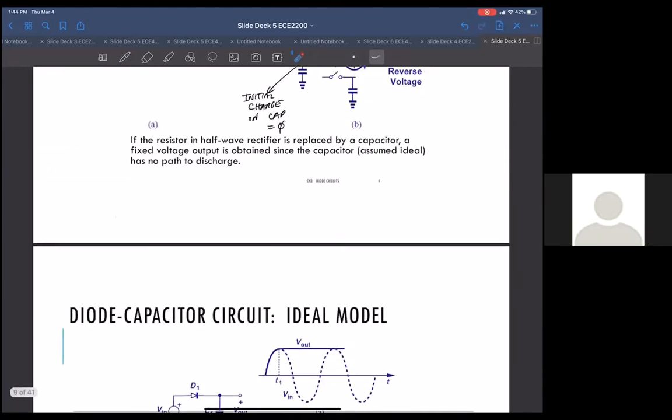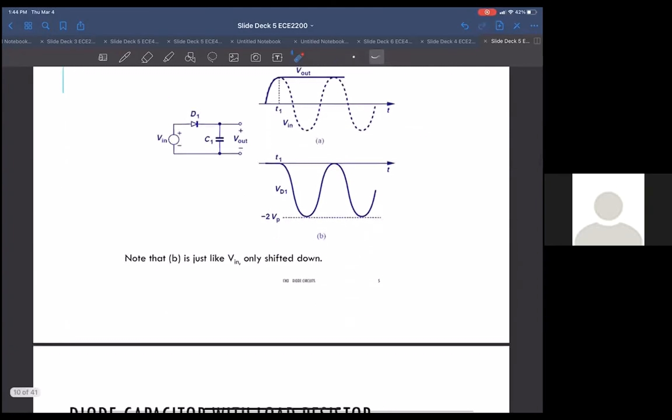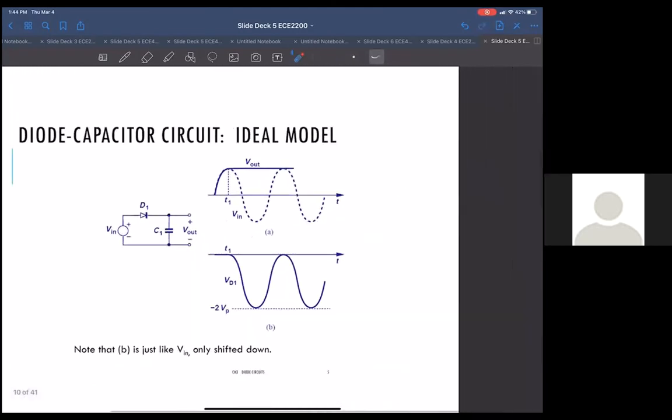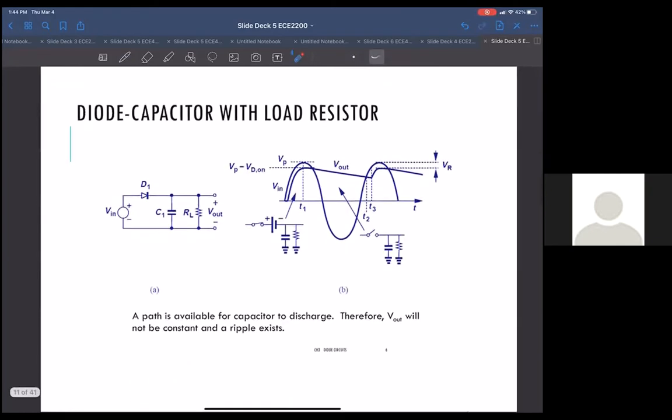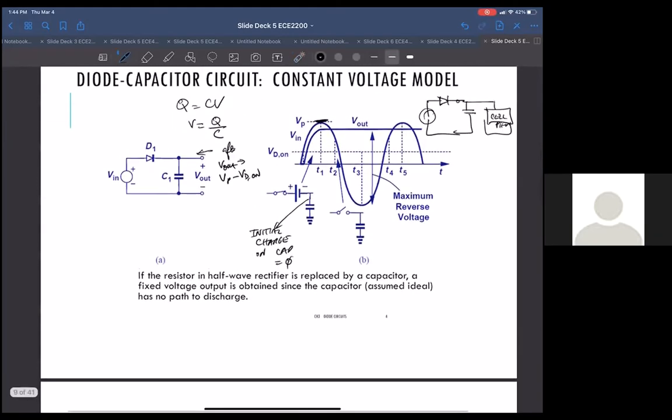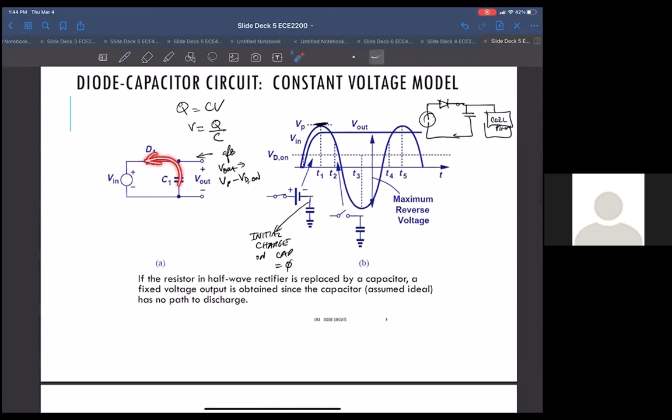Okay, because what happens is, I'm going to come back to this slide a little bit later, but anyway, the cell phone itself starts discharging the capacitor. So remember I said that here there is no place for the charge to go once this diode closes.